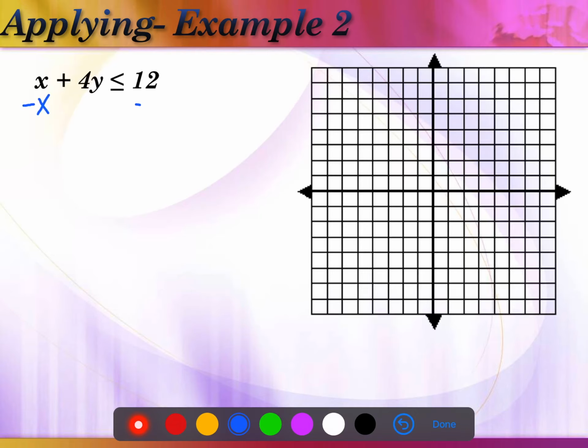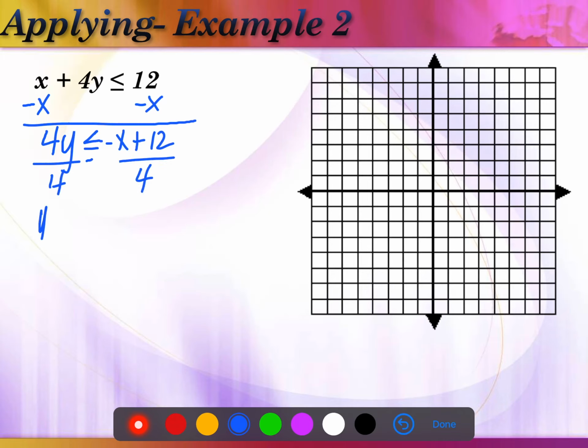Again, I need slope-intercept form, so I have to solve for y. Subtract x and divide.